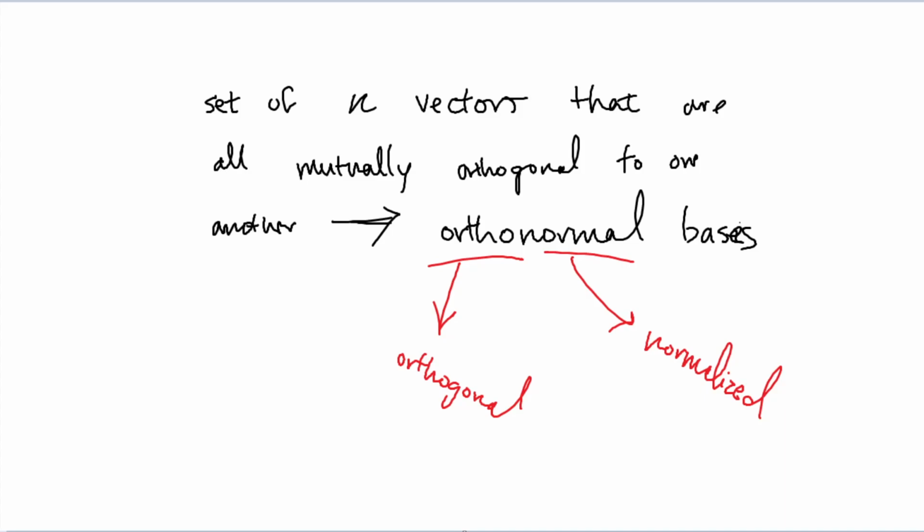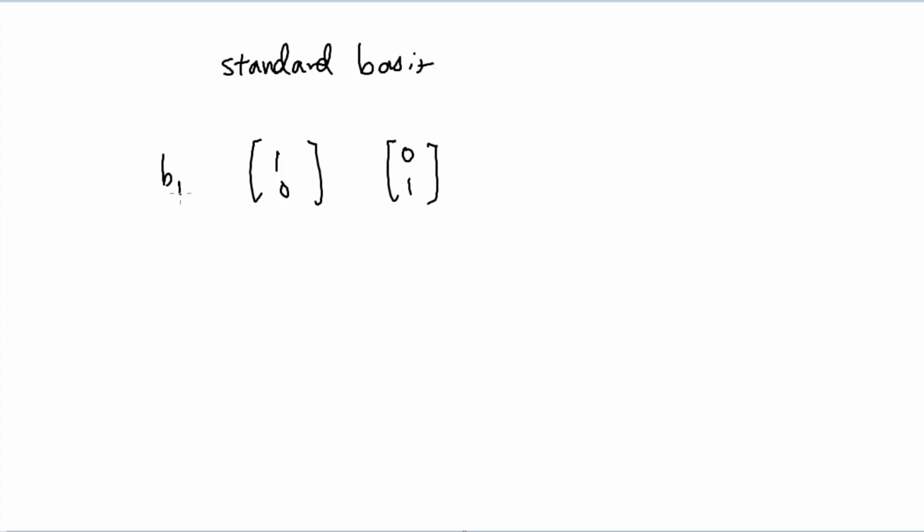Now, your standard basis is typically expressed as something along the lines of 1, 0 and 0, 1. So these two ket vectors, we'll call them B1 and B2. And so these standard bases, maybe if you've seen your classic computers, if you've seen binary numbers, they seem pretty straightforward.